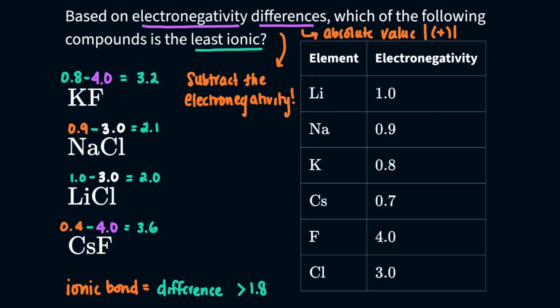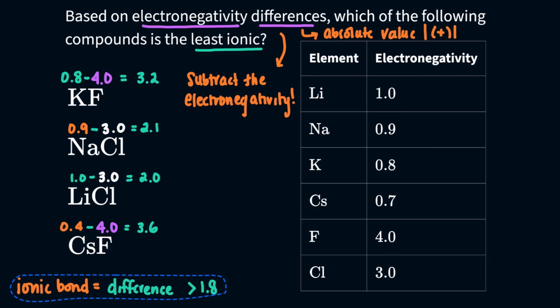Some professors or teachers simplify this and say you could round it to 2. But I would do 1.8 because that's a little bit more exact. 1.8, that's an easy number to memorize. 1.8. 18, right? What a fun year.